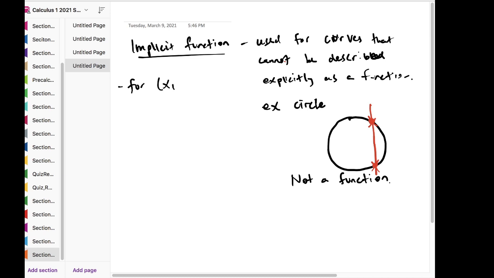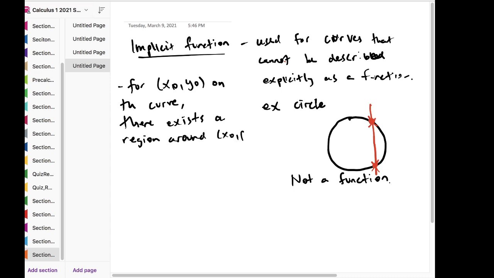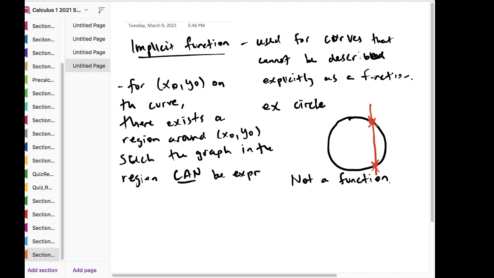For (x0, y0) on the curve, there exists a region around the point such that the graph in the region can be expressed as a function.